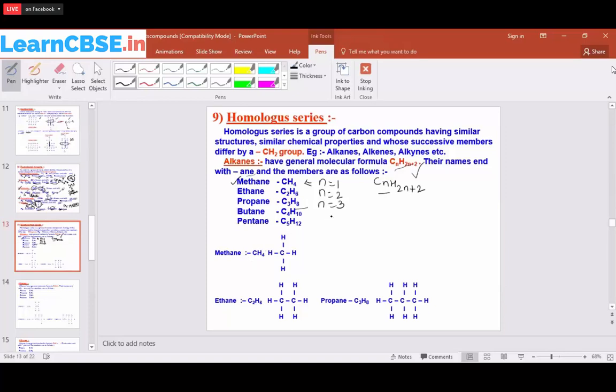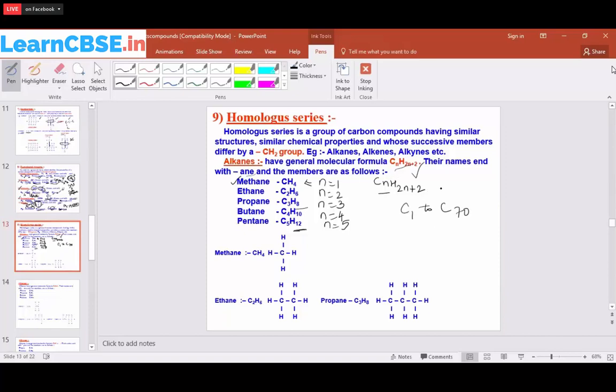So C3H8, propane. Then butane, n equal to 4, C4H10. This is n equal to 5, C5H12. So like this, we have C1 to C70 alkanes, with up to 70 carbon atoms present.